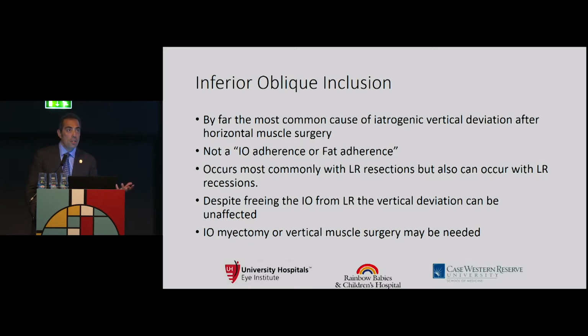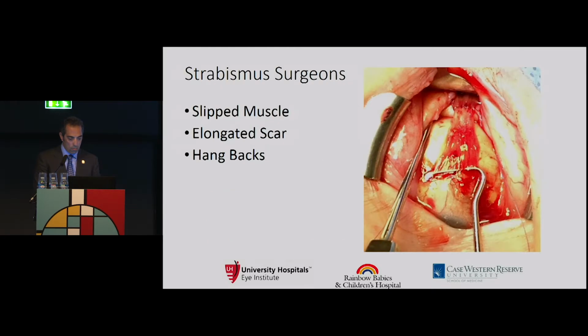If you ever see a vertical deviation that was non-existent prior to the surgery, on an R&R in particular, or a re-op on the lateral rectus, think about an inferior oblique inclusion syndrome. These are not uncommon. Obviously, slipped muscles and elongated scars and hangbacks sometimes act like these elongated scars.